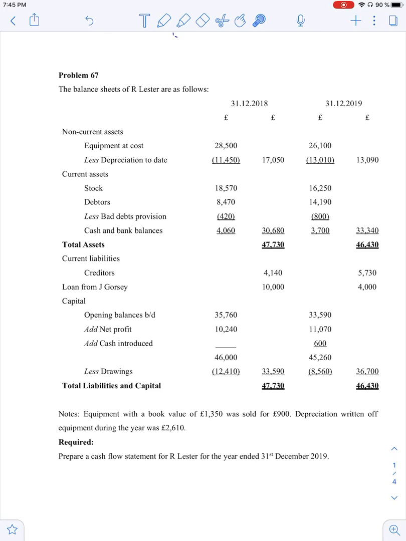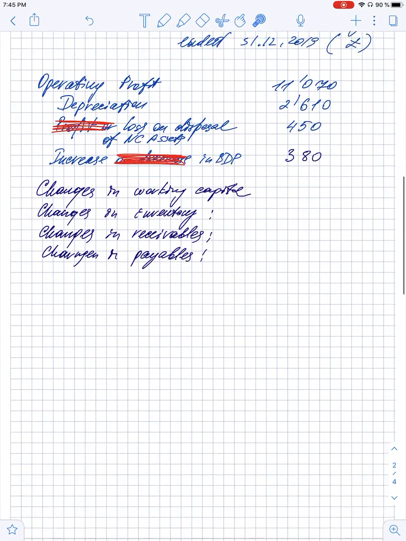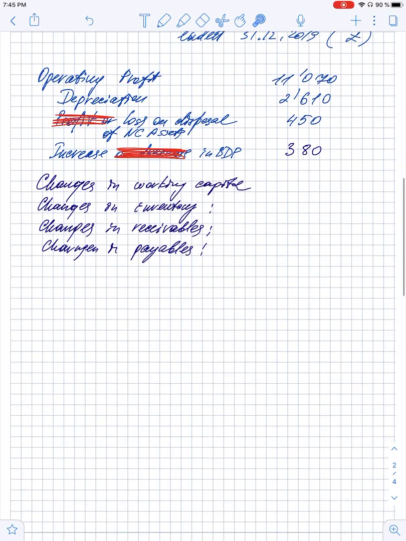So the difference between these two amounts should be accounted for as an increase in cash. Let's calculate the amount. We have to compare the opening stock 18,570 and closing stock 16,250, and that difference, 2,320, the decrease in stock, should be added for the purposes of cash flow calculation.